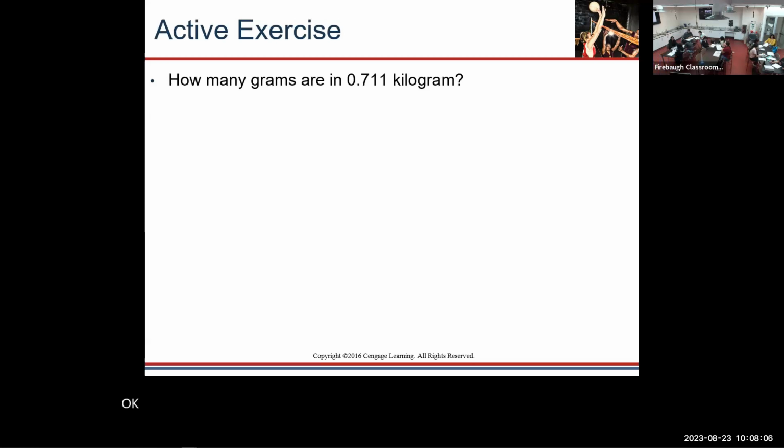Okay, how many grams are in 0.711 kilograms? Where are we going to start at? My given? What's my given? So 0.711, and the abbreviation for kilograms is kg.